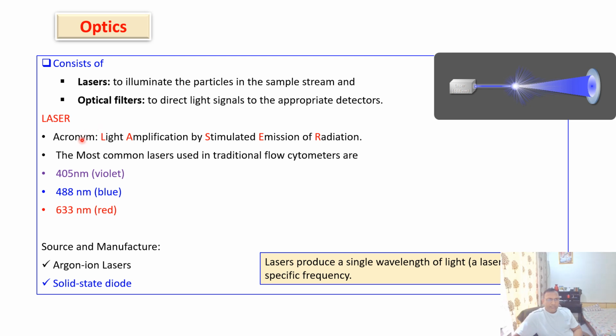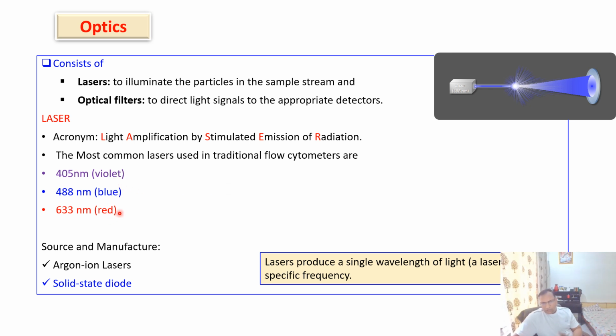So first, laser is the acronym of light amplification by stimulated emission of radiation. Most commonly in benchtop flow cytometers, three lasers are used: violet, blue, and red.